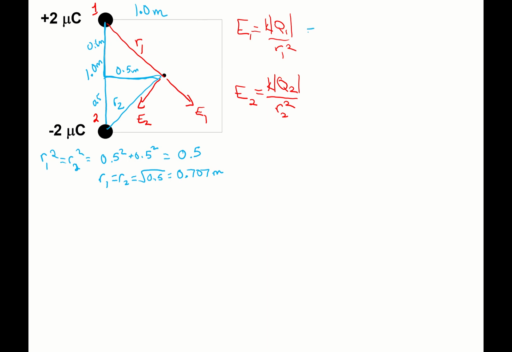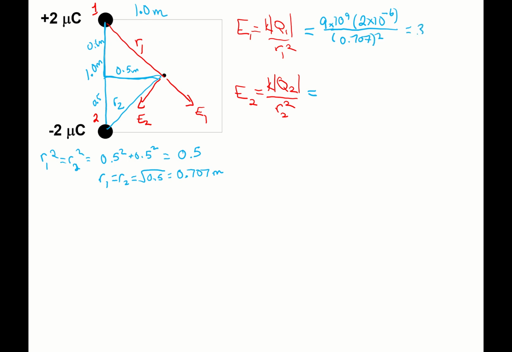So now we can just put our numbers in. E1 is going to be K, 9 times 10 to the 9, times Q1, which is 2 microcoulombs, 2 times 10 to the minus 6, over R1 squared, 0.707 squared, which is of course 0.5.